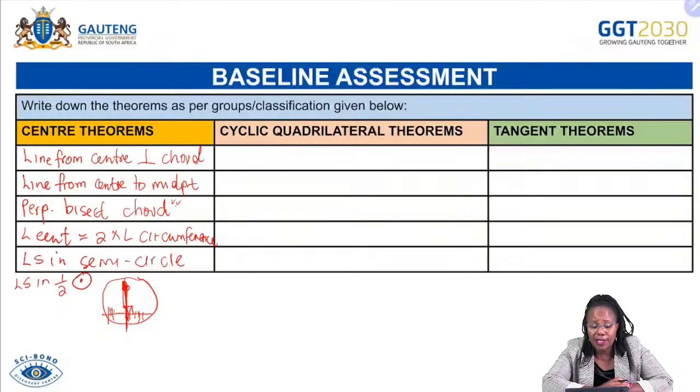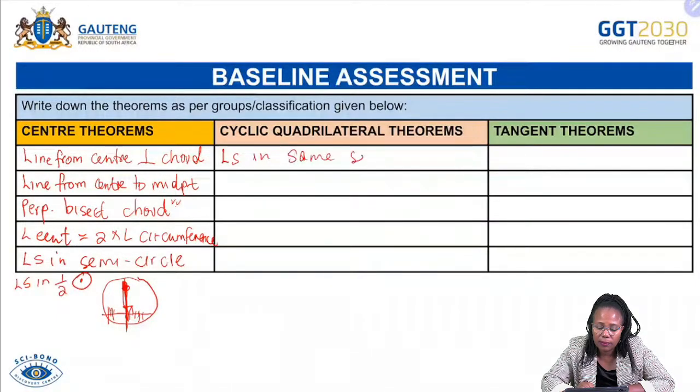And then now the second class here, we are having the cyclic quadrilateral theorems. And then this one, we are having angles in the same segment. And then we have equal chords, equal angles.